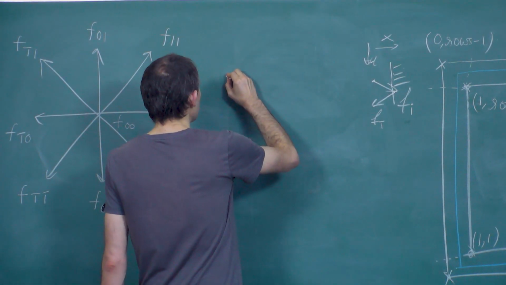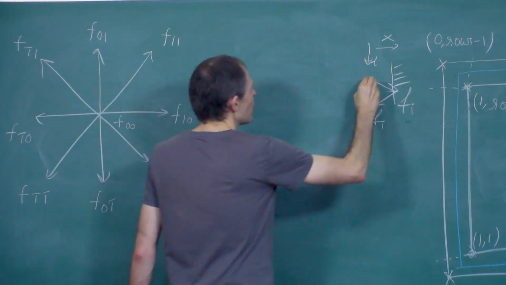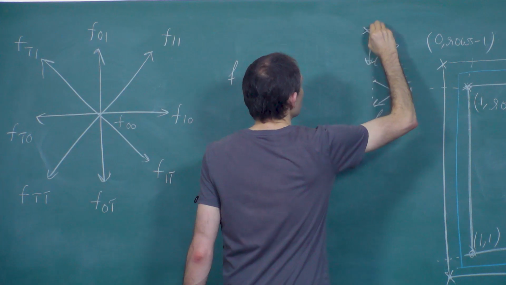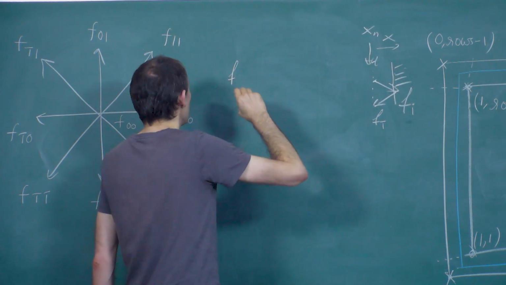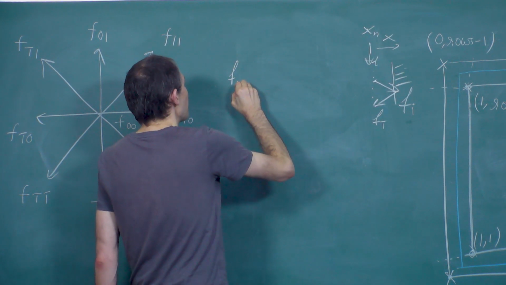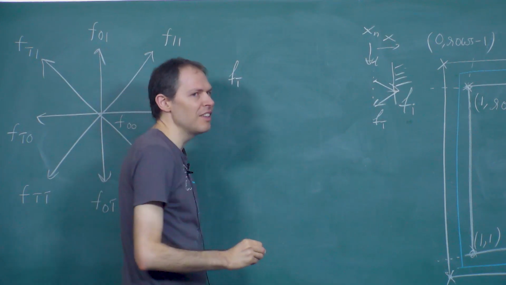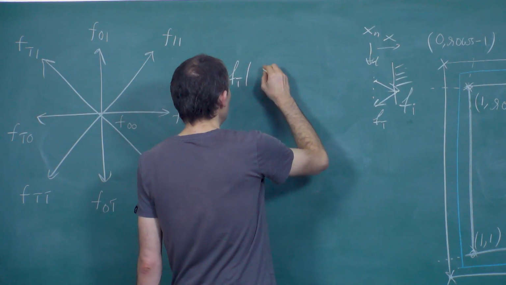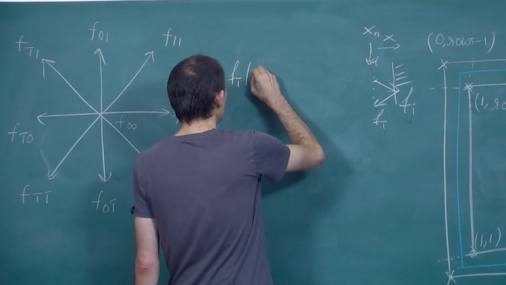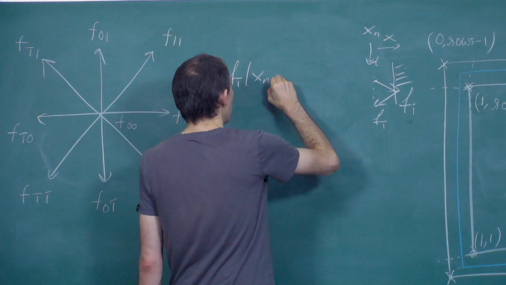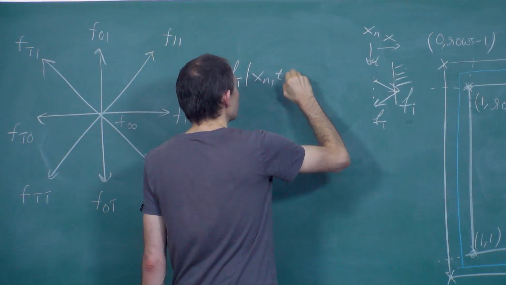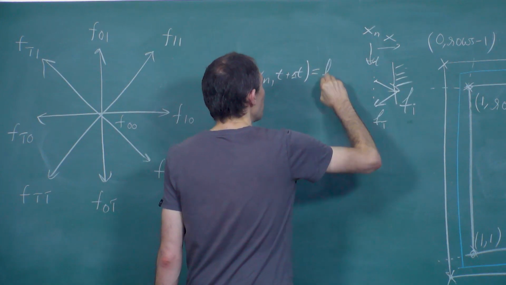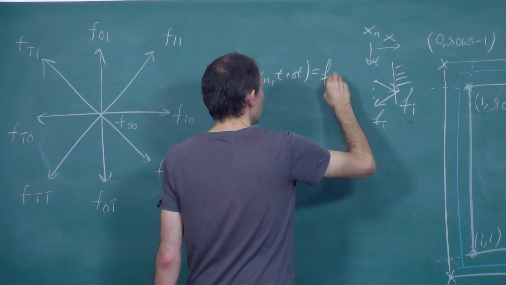Then the bounce back boundary condition. For the last node at the position x_n, the bounce back boundary condition for the population that is coming in, at the position x_n and time t plus delta t, is simply the one that went out.